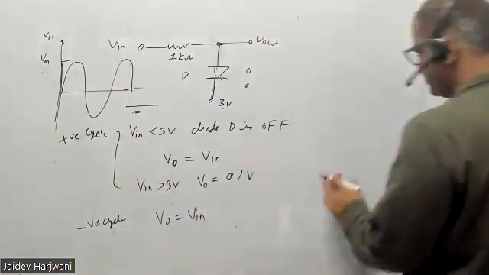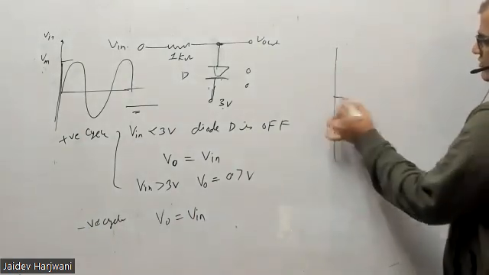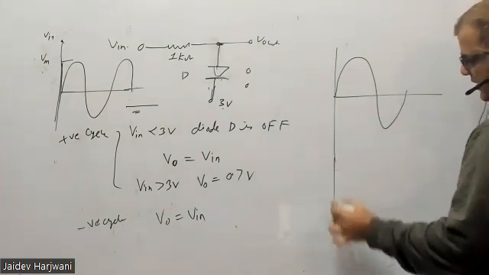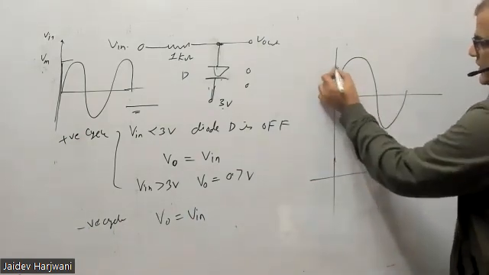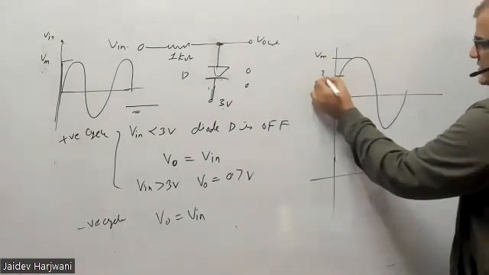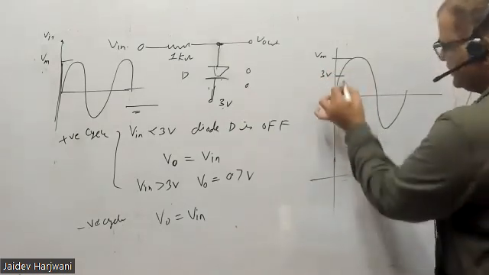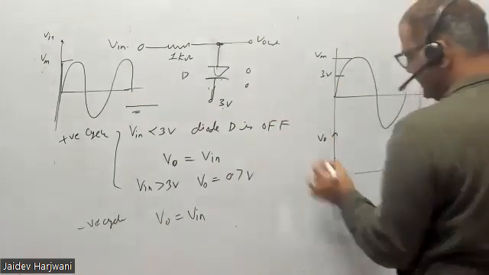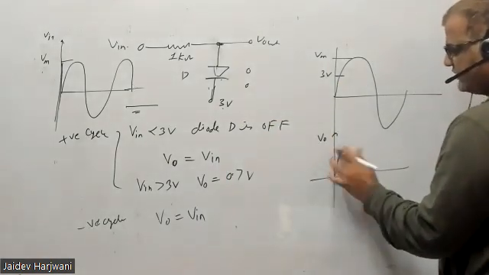So let us now draw the waveform. This is my coming input, and this is my Vm. Let us say this is 3 volt. Until 3 volt, your V output will be the same, because the diode is off and no current is flowing.